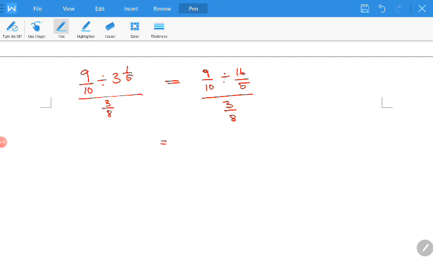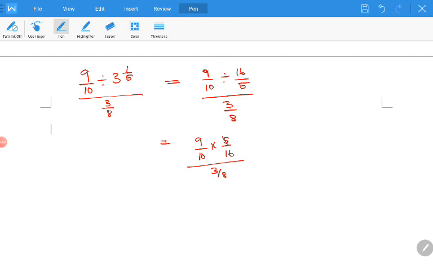So this is equals to, I will start by solving the numerator. 9/10 divided by 16/5 is similar to writing 9/10 times 5/16, then divided by 3/8.